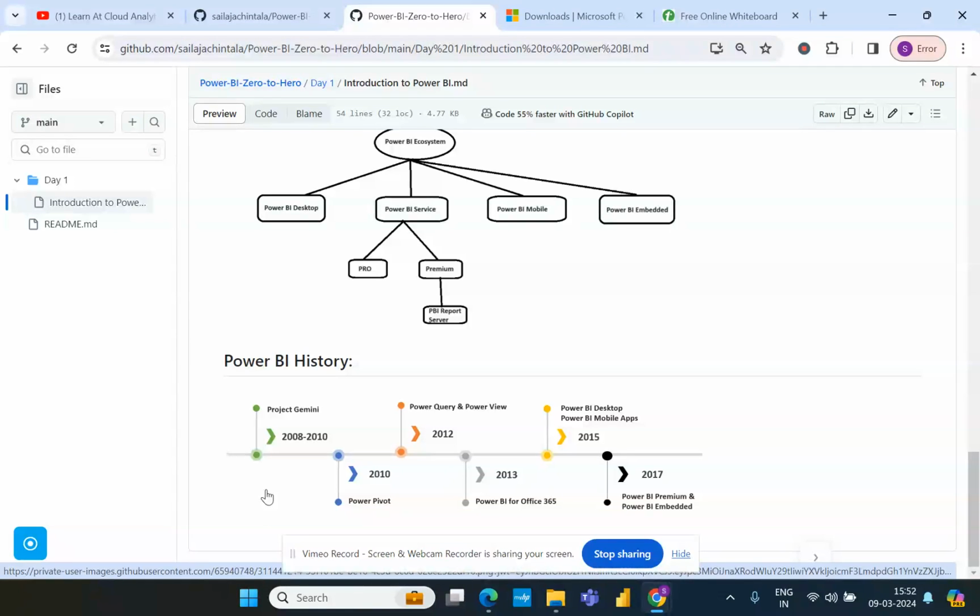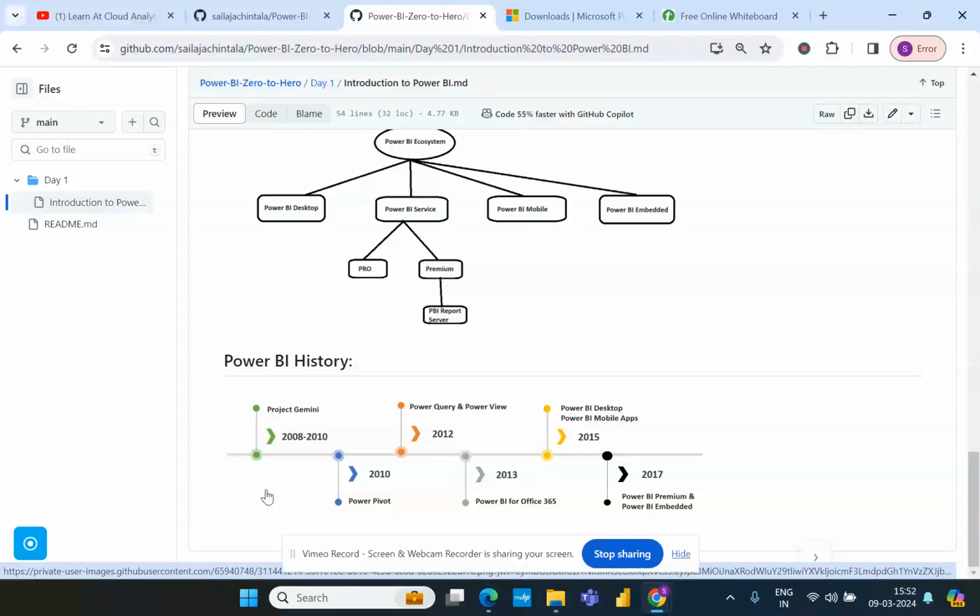So in 2008 and 2010, they started an internal initiative called Project Gemini, and then in 2010 they brought in a new add-in in Excel called Power Pivot, which helped perform data modeling within the data set in Excel.